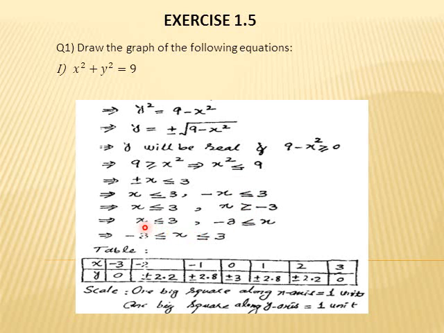Now it means x is less than or equal to 3 and x is greater than or equal to minus 3. And from the table you can see minus 3, minus 2, minus 1, 0, because the domain is always minus 3 to 3.